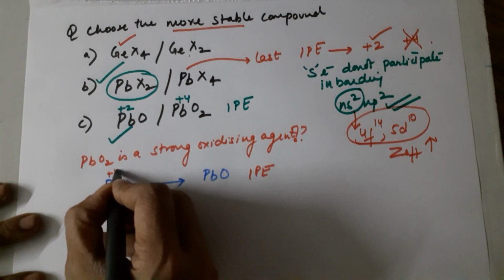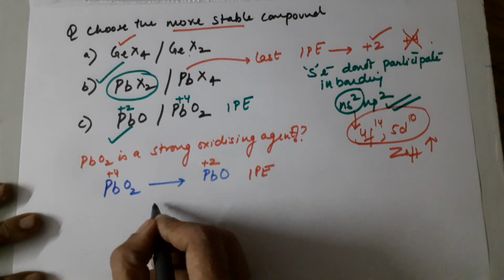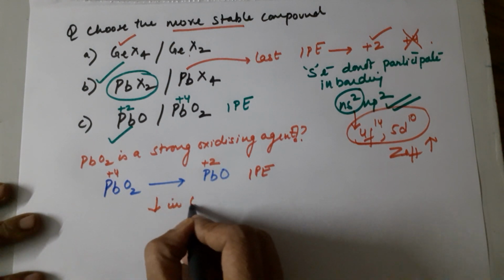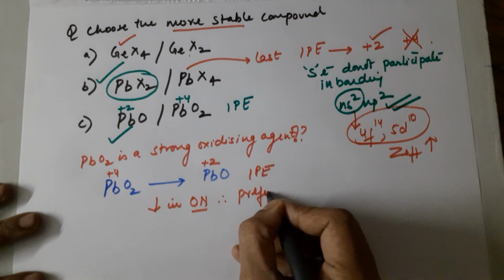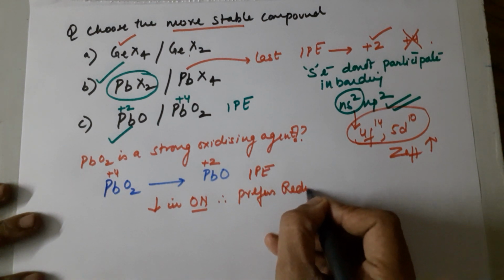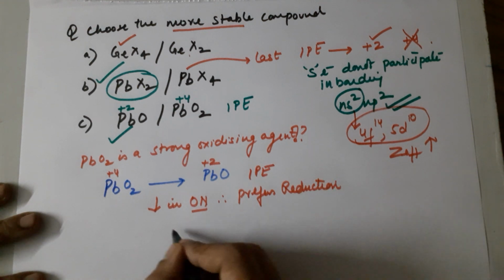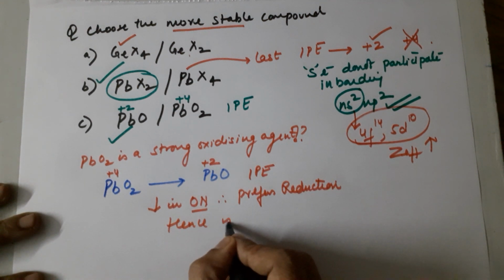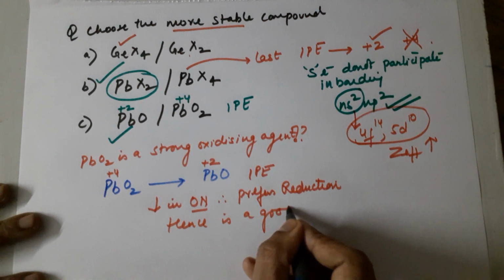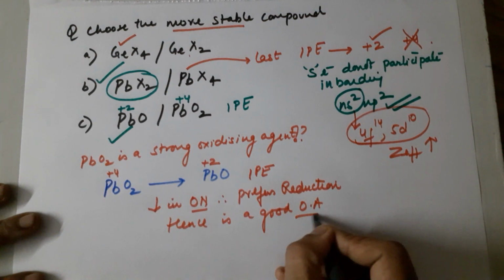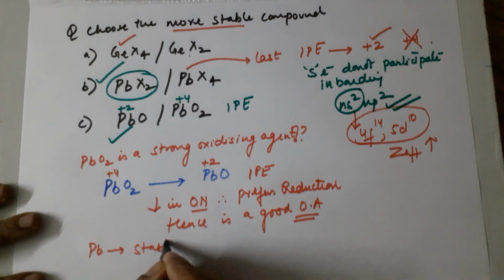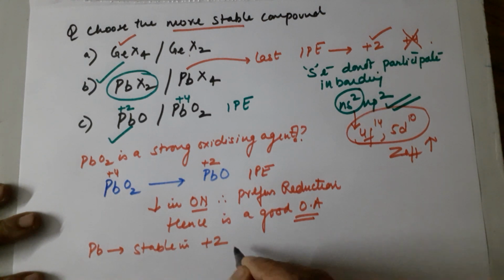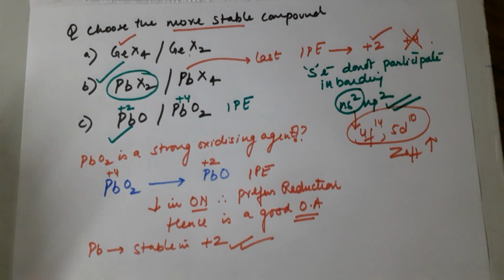So, your lead goes from +4 to +2. There is a decrease in oxidation number, therefore prefers reduction, hence is a good oxidizing agent because lead is stable in +2 oxidation state, being the last member.